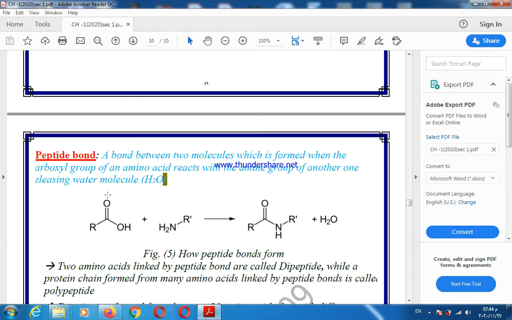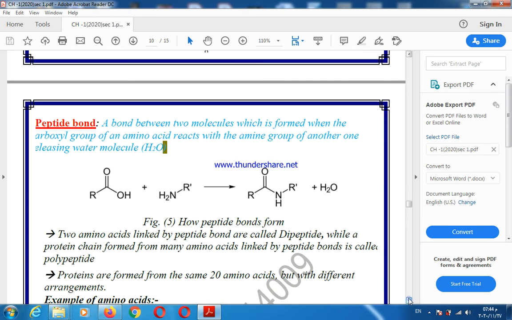The carboxyl group shares a hydroxide, and the amino group shares 1 hydrogen, to release a water molecule. So an amino acid can bind with another amino acid to form a peptide or polypeptide chain. A polypeptide chain with another polypeptide chain can form a complex protein.